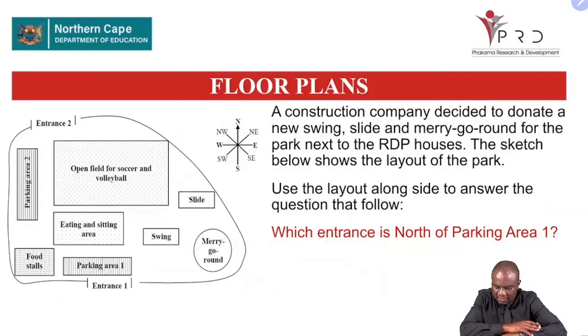A construction company decided to donate a new swing, slide, and merry-go-round for the park next to the RDP houses. The sketch below shows the layout of the park. Use the layout alongside to answer the questions that follow. Right, let's try to answer this question.